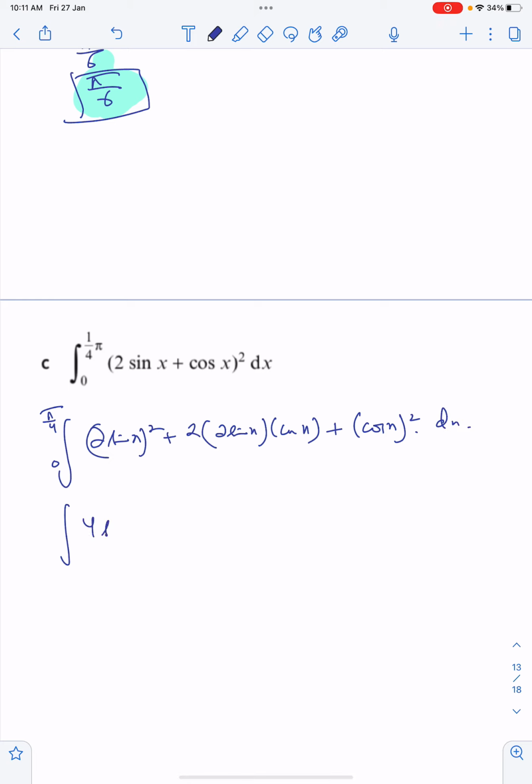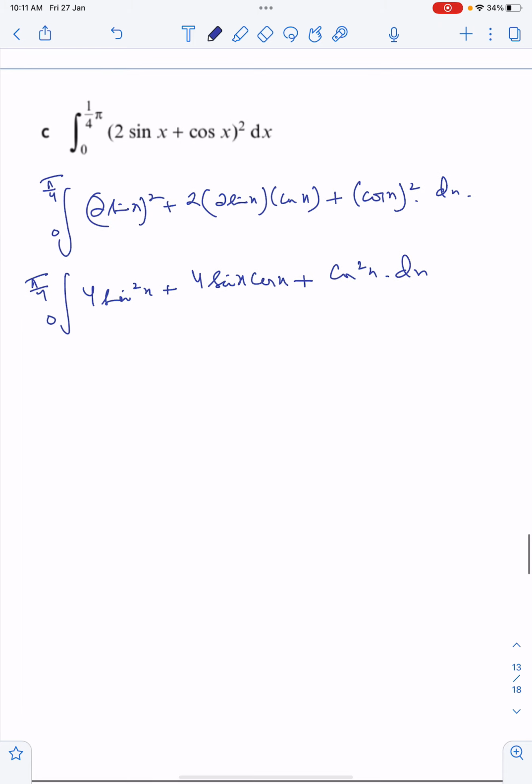So it becomes 4 sine square x plus 4 sine x cos x plus cos square x, with pi by 4 and 0 as boundaries, dx. If I start with the integration process, firstly, before starting, you will have to substitute sine square x by the double angle substitute of it, which is 1 minus cos of 2x divided by 2.